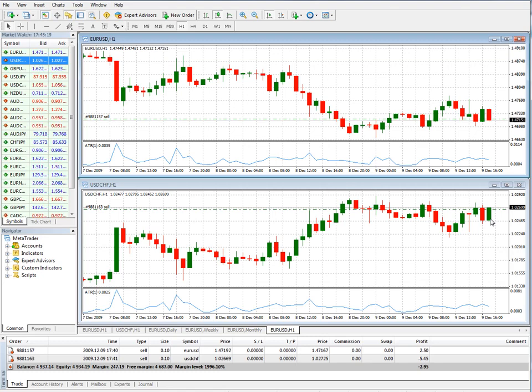Say again in our example that you're going long in the euro dollar, US dollar, and short in the Swiss franc, then if you're risking, say, 3% per trade, you end up effectively risking 6% because you're effectively using two trades which are the same.